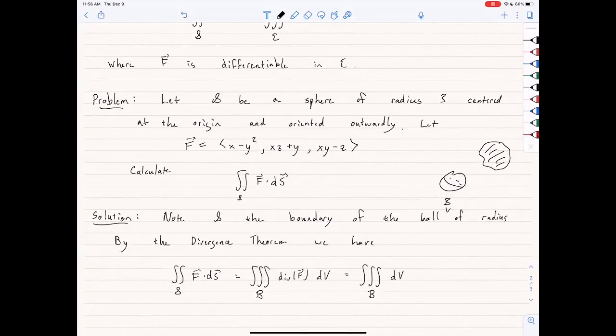In general, you're going to get the volume of that region. Integrate 1 over a region, you get the volume. And we know how to calculate the volume of the ball of radius 3. This is 4/3 pi r cubed, with r equal to 3, so 4 times 9, which is 36 pi.